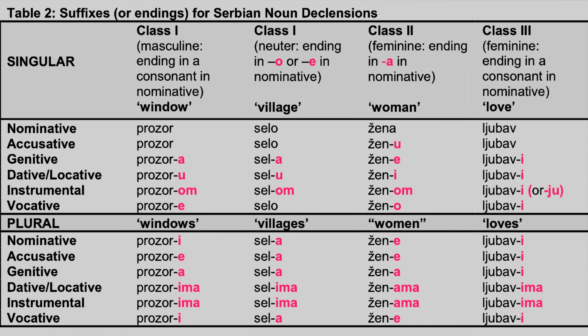The second class, or the third column, is feminine nouns that end in A. As you already know, most of our feminine nouns end in A, but not necessarily. Of course, we have exceptions. And this is where class 3 comes in, where we have feminine nouns that end in a consonant in nominative. These are usually some abstract nouns. So this is how you're going to be able to detect them.